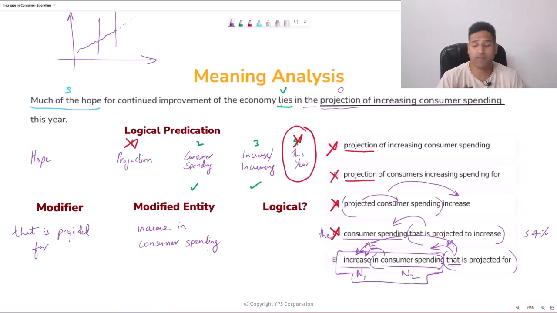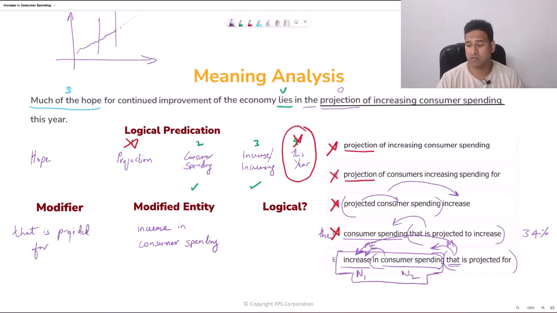So how do we figure out which of the two does "that" actually refer to? Well, that's where logic comes into action. Logically, which of the two is projected for this year? I think it's abundantly clear through logical deduction that it is the increase that is projected for this year, and it is not consumer spending that's projected for this year. Why not consumer spending? Because consumer spending happens every year.